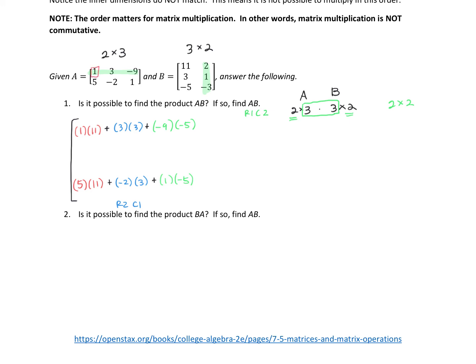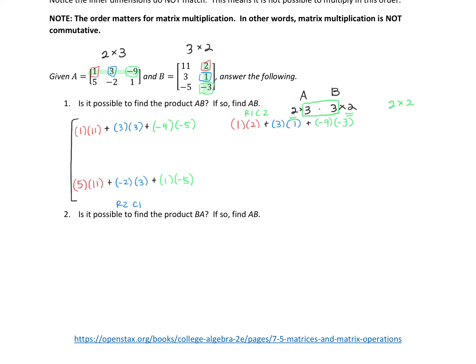We have 1 times 2 plus 3 times 1 plus -9 times -3.